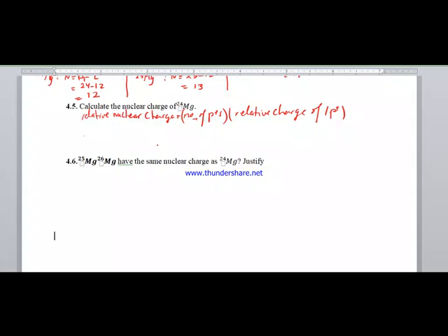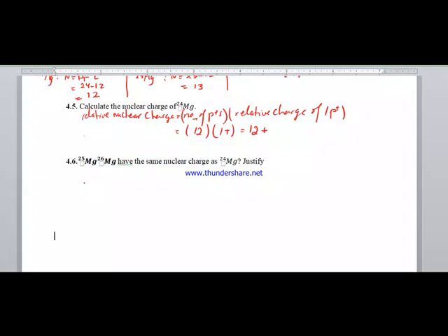This is the relation to use to calculate the relative charge of the nucleus. The number of protons is 12, and the relative charge of each proton is 1 plus, so it is equal to 12 plus.